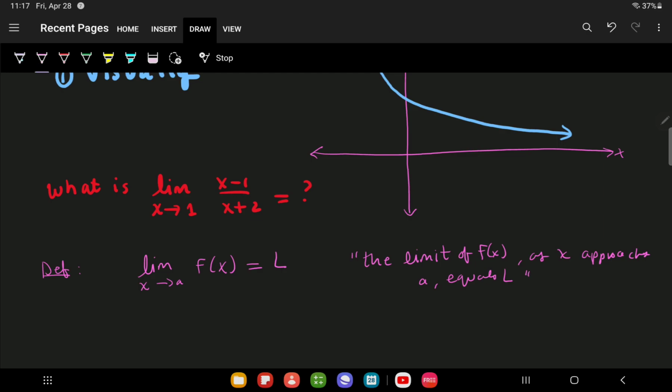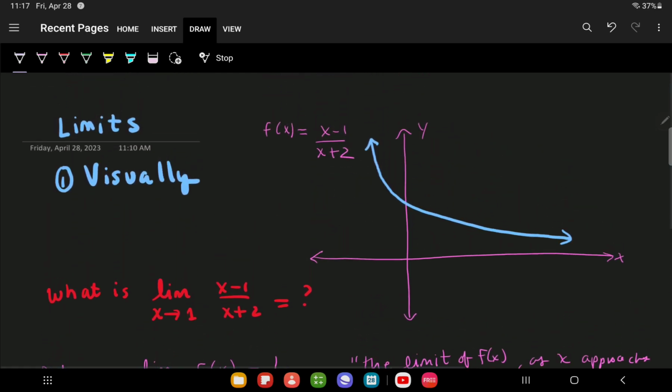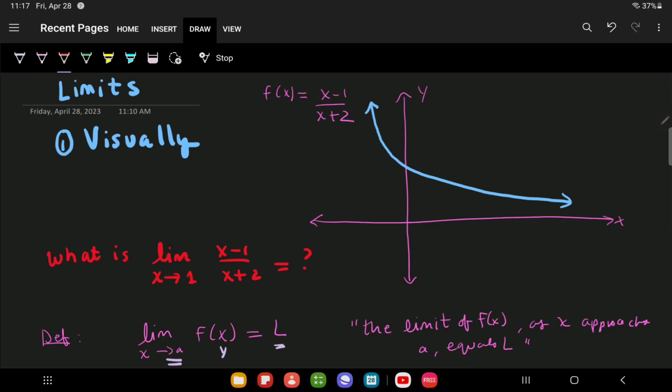We're saying as the x values get closer and closer to this a, your y value is getting closer and closer to this L.